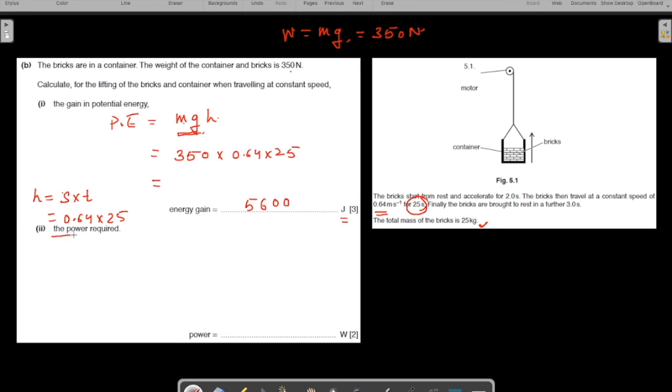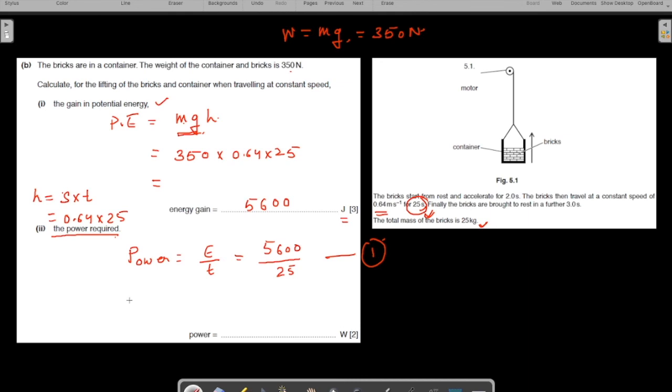Calculate the power required. You know the potential energy. So what is the formula for power? Power is energy over time. So all you have to do is take this energy over the time value, which is 25, and you should be getting your answer. So that's one way of doing this question.